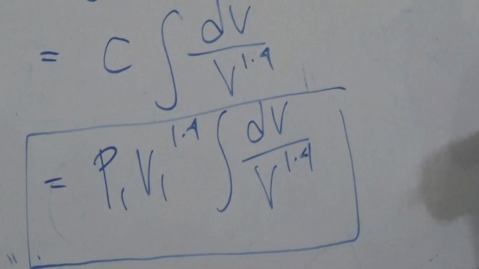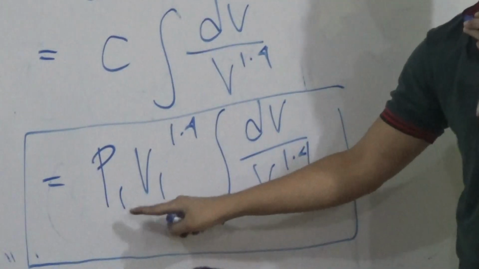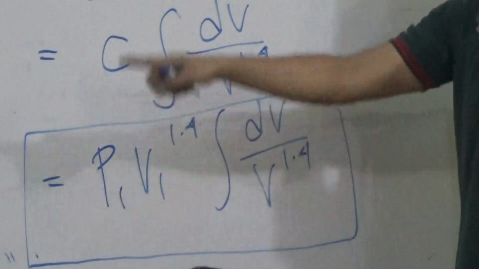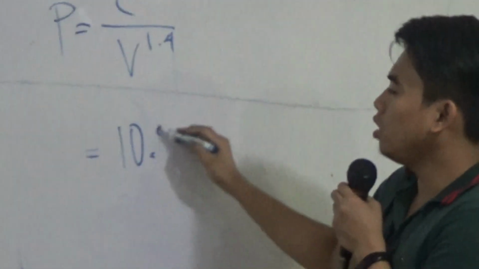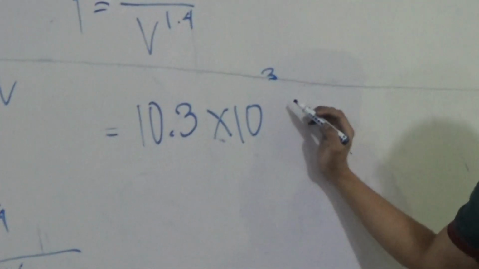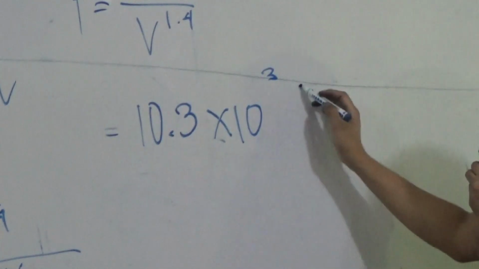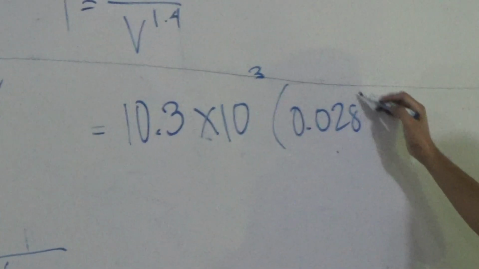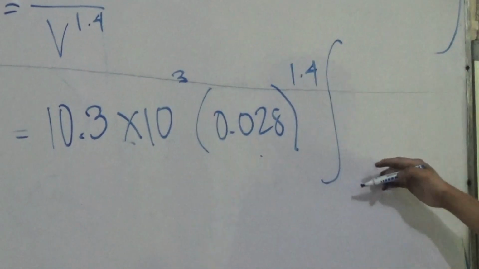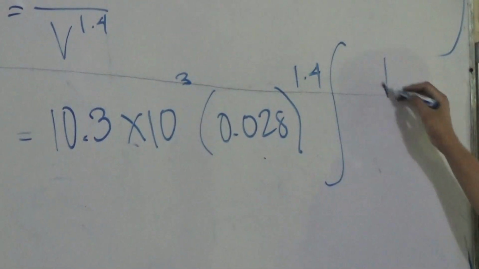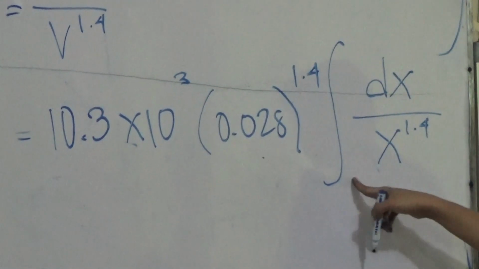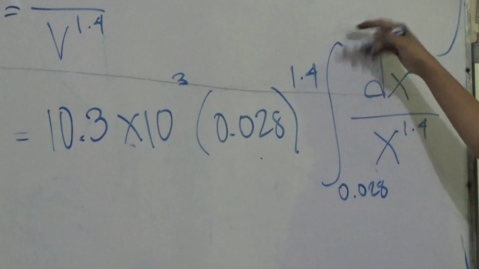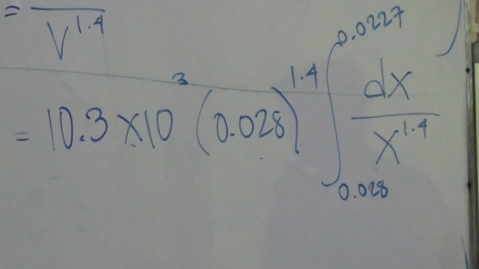Kailangan lang, sir, naiintindihan ko. Ano dapat unit ng pressure ulit? Kilopascal dapat. So, pag in-input natin, dapat kilopascal. So, substitute ko na. 10.3 times 10 to the 3 kasi yun yung ibig sabihin ng kilo. So, this is kilopascal times V1 0.028 raised to 1.4, integral. Sa calcu walang dV. Sa calcu, pindutin dyan na dx, x raised to 1.4 from initial 0.028 to final 0.0227.